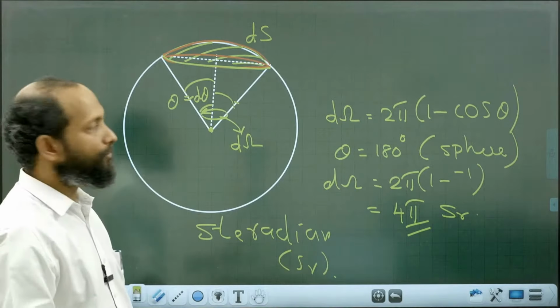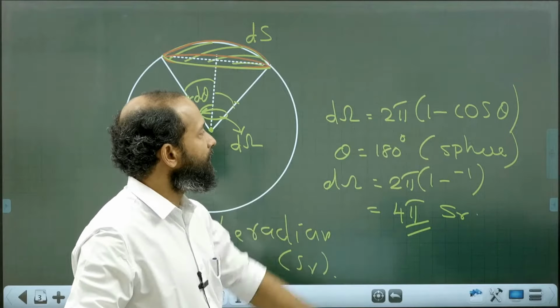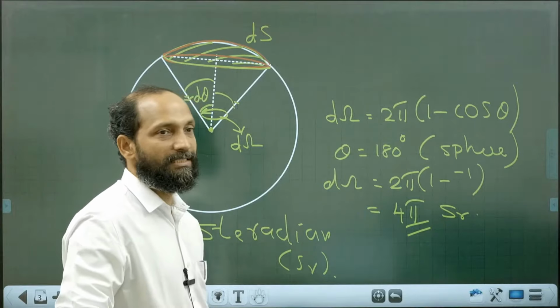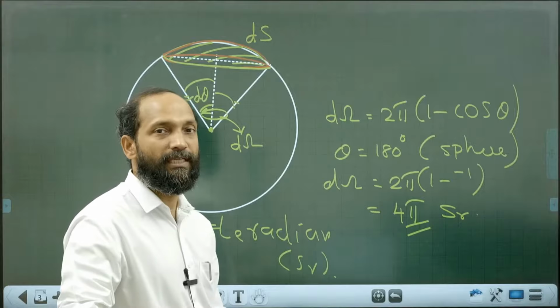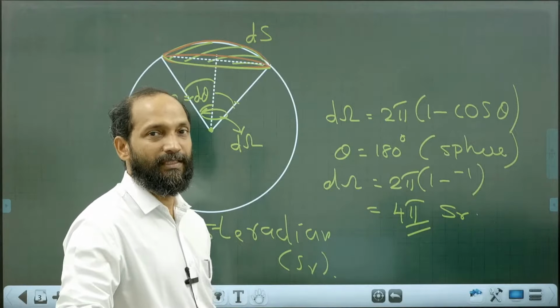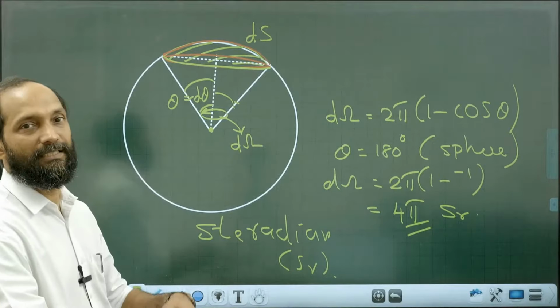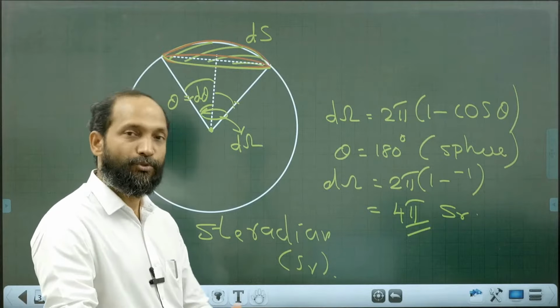So it is important for mains. d omega equals 2 pi into 1 minus cos theta is used in optics as well as electrostatics in second year, while calculating electric flux in electrostatics and while calculating the intensity of light coming out from a point source through some solid angle.